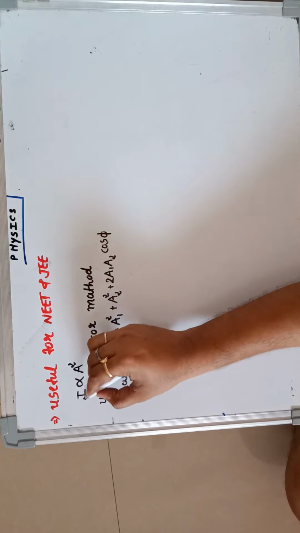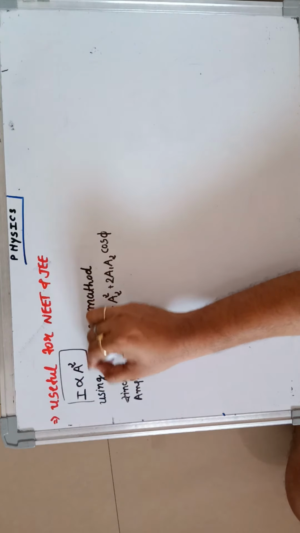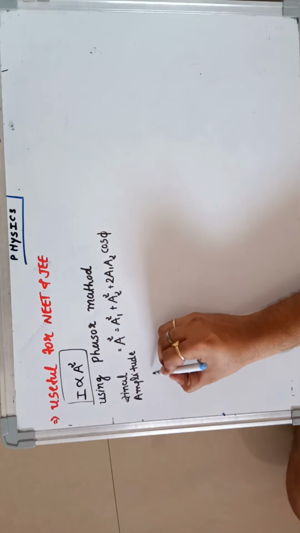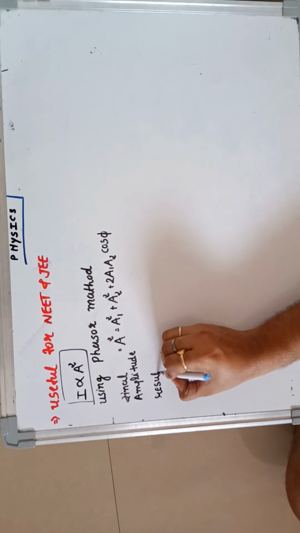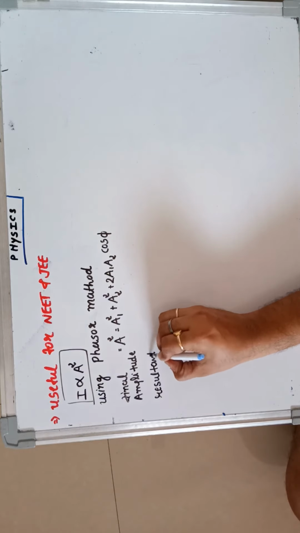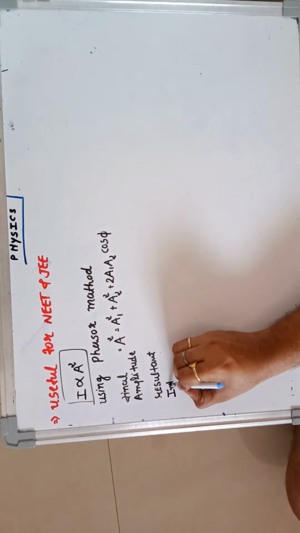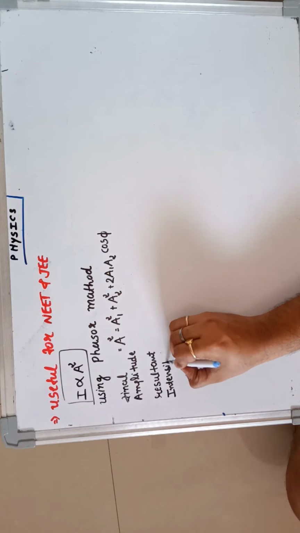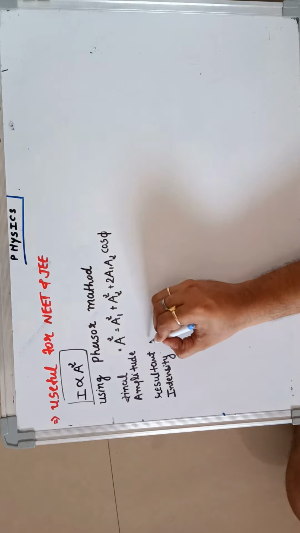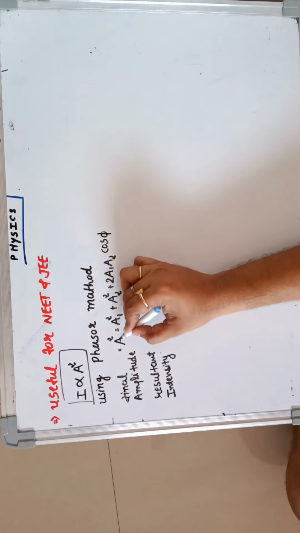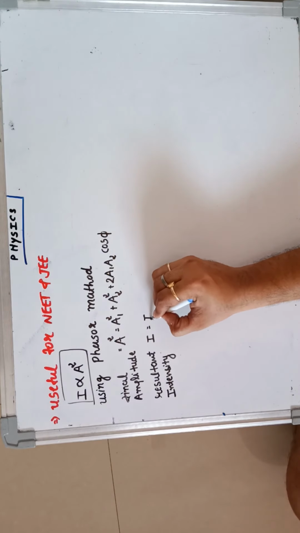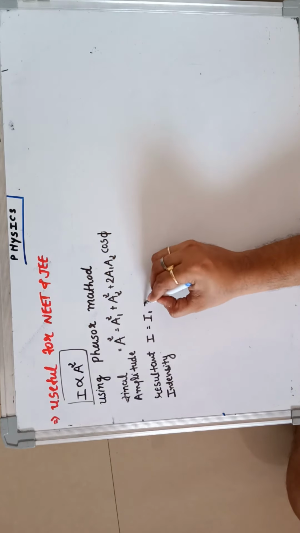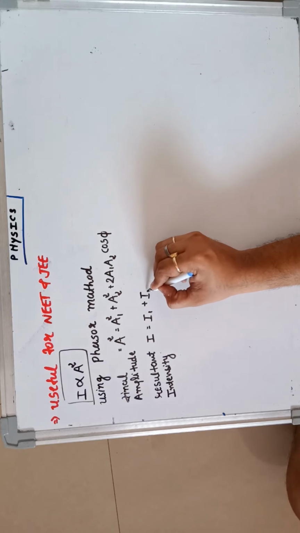Using this equation we use the relation of amplitude and intensity. The resultant intensity I, A square is proportional to I, so A square gives I, A1 square gives I1, A2 square gives I2.